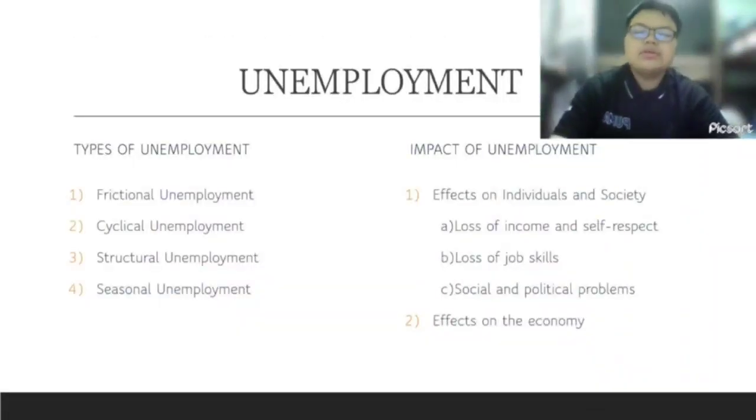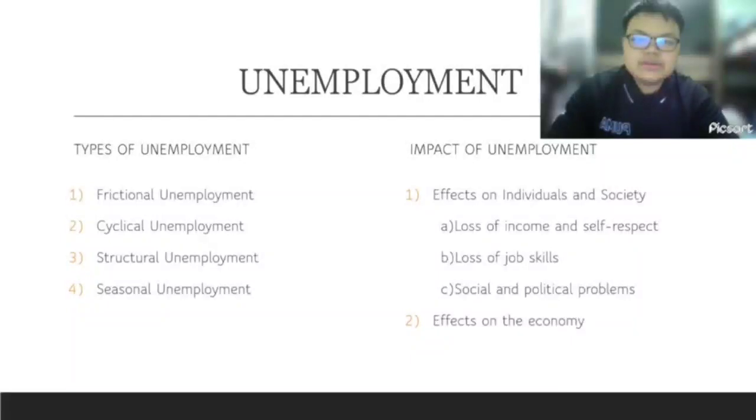Next is type of unemployment. We have 4 types of unemployment. First is frictional unemployment. Frictional unemployment occurs when people voluntarily change jobs within an economy. After a person leaves a company, it naturally takes time to find another job.